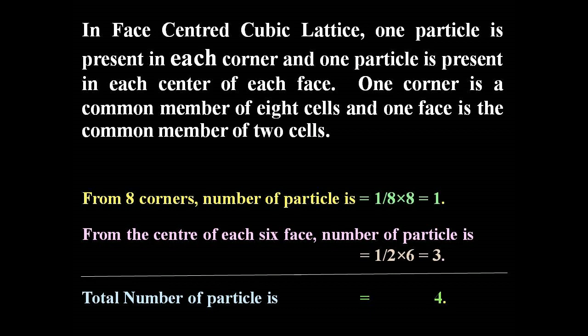From 8 corners, the number of particles is 1/8 × 8 = 1. From the center of each of the 6 faces, the number of particles is 1/2 × 6 = 3. Thus, the total number of particles is 4. Thus, in FCC, the number of particles per cell is 4.